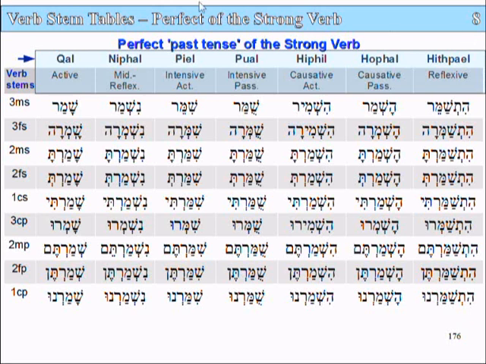So you're going to see a lot of these sorts of tables in the back of grammar books, and you're not required to memorize them, but just see the patterns that occur.